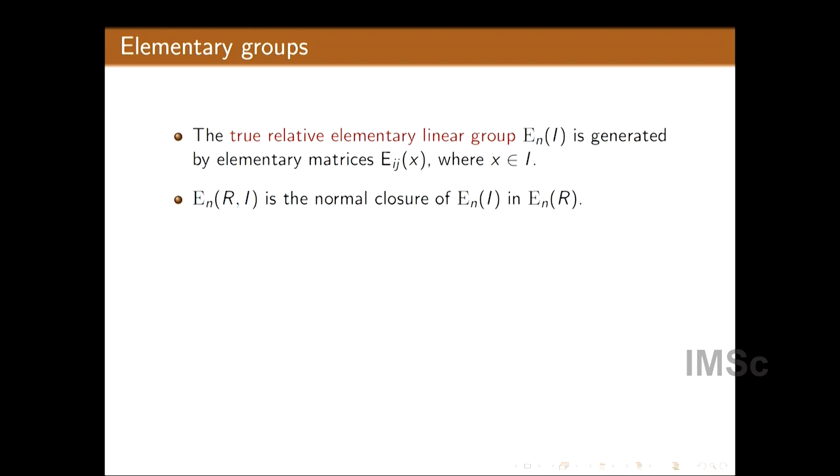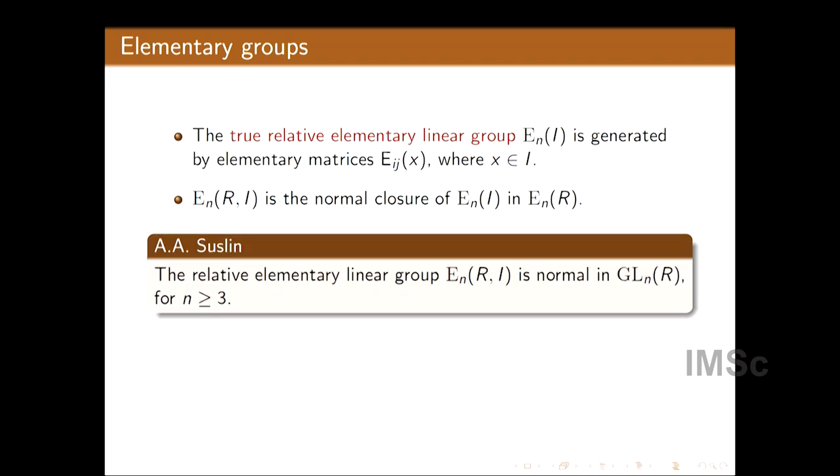The result Suslin proved is as follows: the relative elementary linear group E_n(R, I) is a normal subgroup of GL_n(R) when the matrices are of size bigger than or equal to 3.